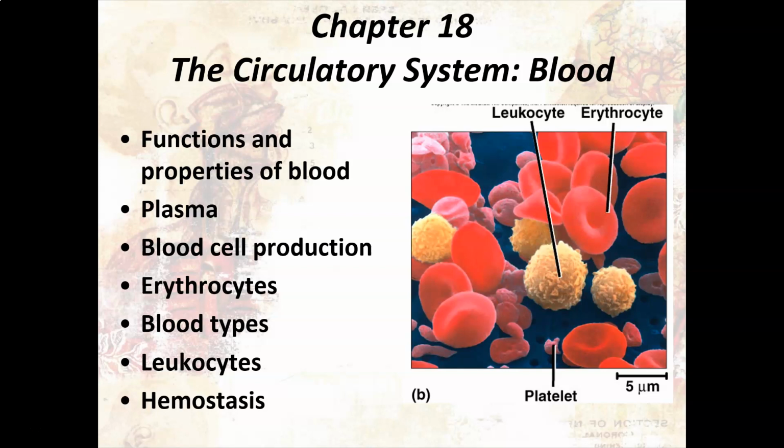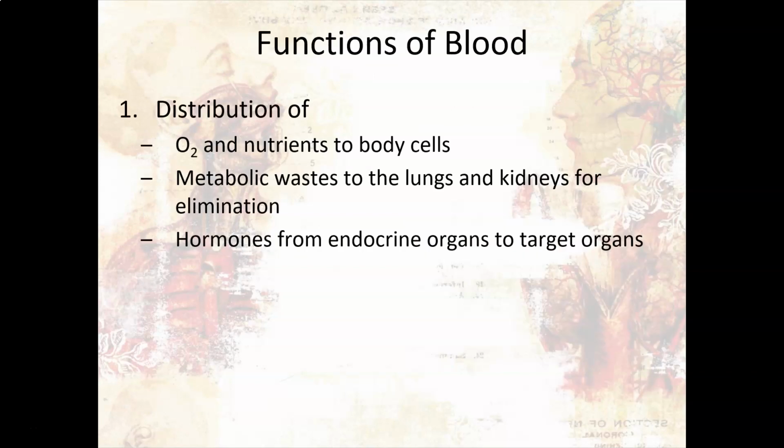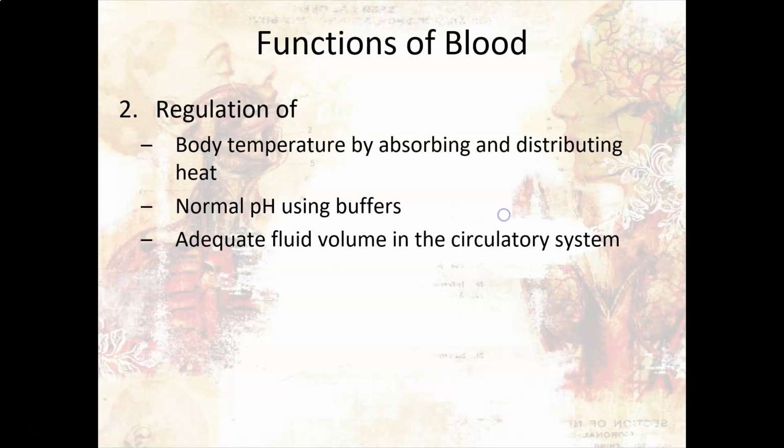So, right now, we're going to talk about blood. The first thing: what does blood do? It is our distribution medium: oxygen, carbon dioxide, waste products, and as we said, hormones. It's also involved in regulating body temperature, circulation to the skin, for instance.